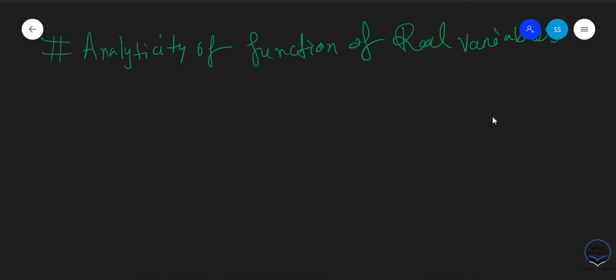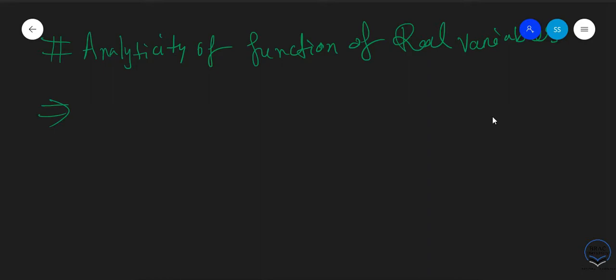Obviously, please don't confuse this with the complex variable case, because that's the more formal definition, but we are only sticking with the informal definition here.